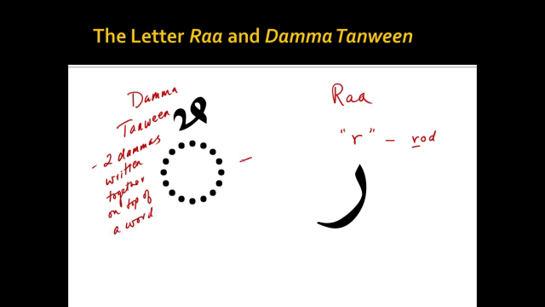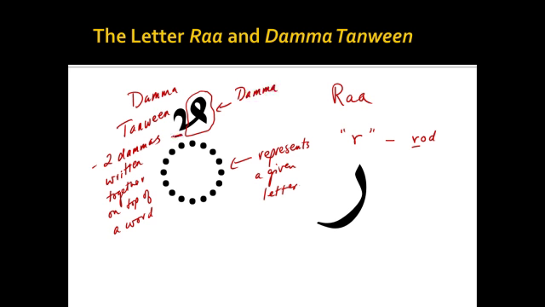Now this circle here represents a given letter, right? Now, you may be wondering what this looks like, because if you can notice here, this looks like a what? It looks like a damma, right?